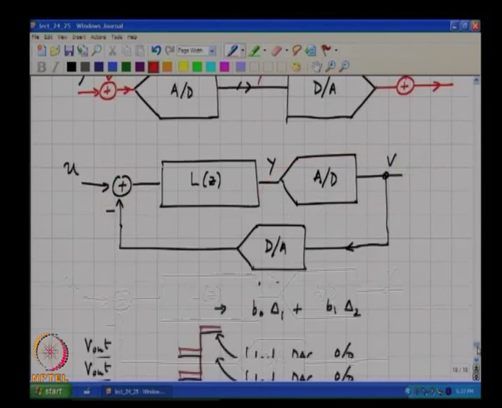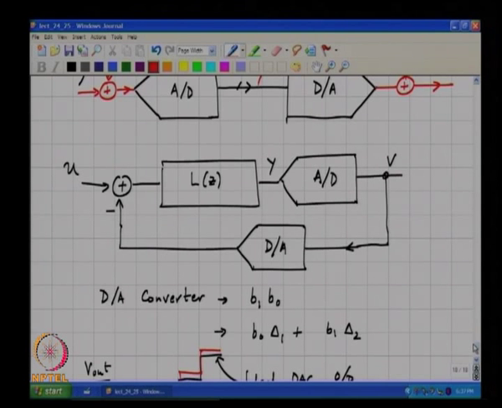Now, we would like to understand what happens in the light of these inevitable errors in practice. And please note that these errors have got nothing to do with quantization. Even if the ADC and the DAC were ideal, you will still have quantization errors. These error sequences are in addition to quantization, right.